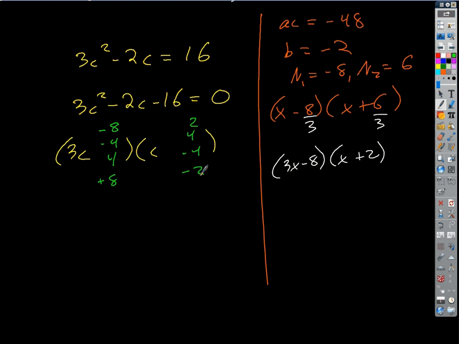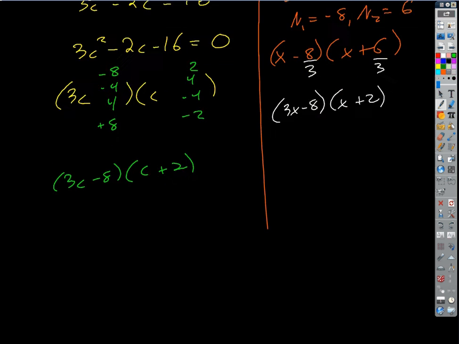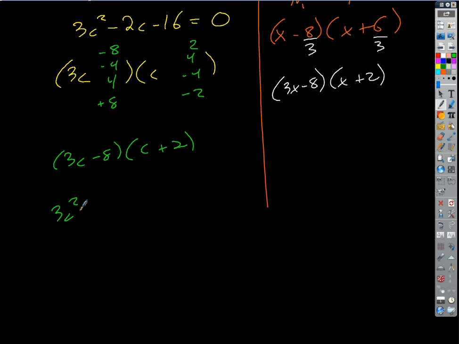If I FOIL this out, I'm going to get 3c times 2 is 6c minus 8c is negative 2c, right? Let's just show that that works. 3c minus 8 times c plus 2. If I FOIL that out, I'm going to get 3c squared plus 6c minus 8c minus 16. So that works, doesn't it?